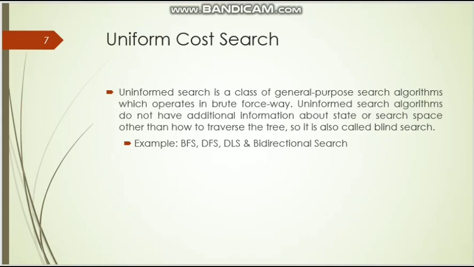Still it will go for the state which comes by applying the method defined within the search technique. So in the uniform cost search, it is a blind search. Blindly it follows the technique, the method or the step defined within it.